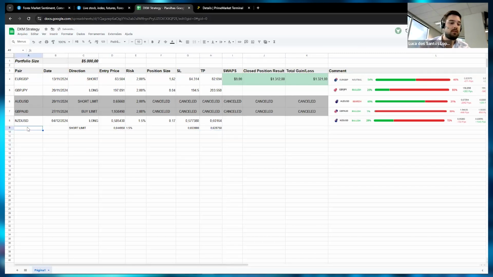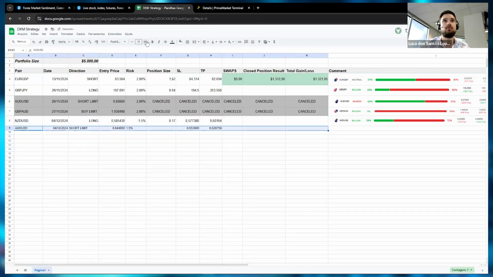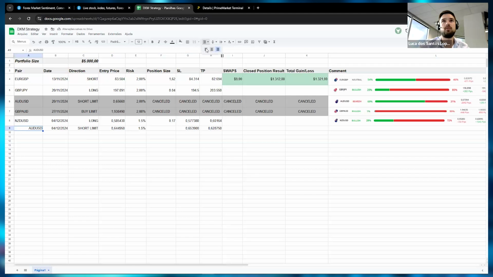Okay. And that's going to be AUD USD, and it's today's date as well. Perfect. So font size 12. That should be the middle. We also the side, except for this one right here.